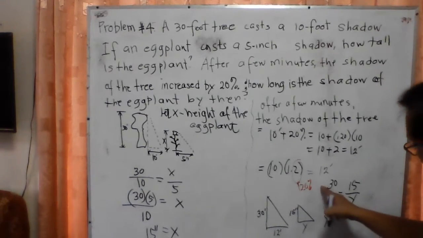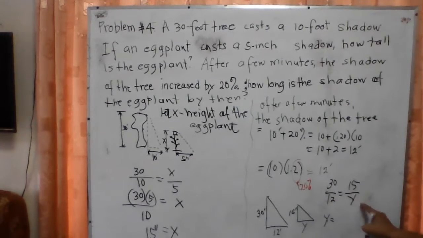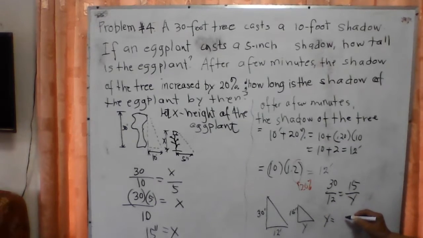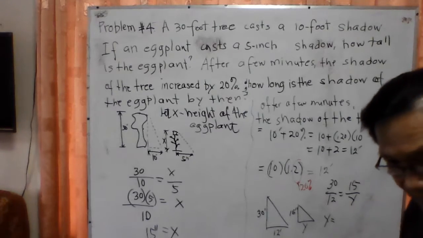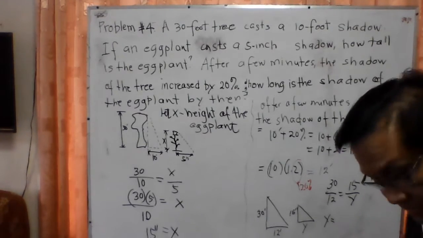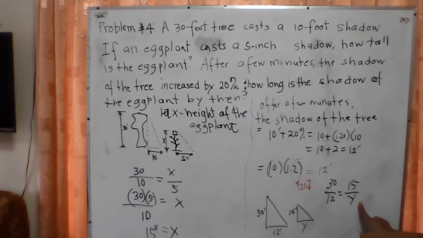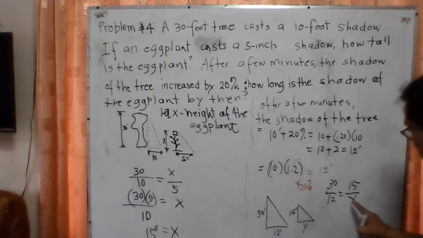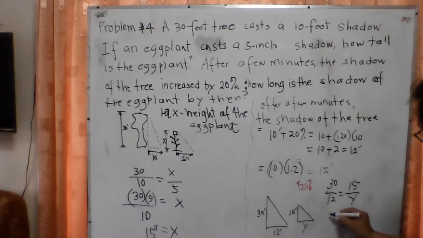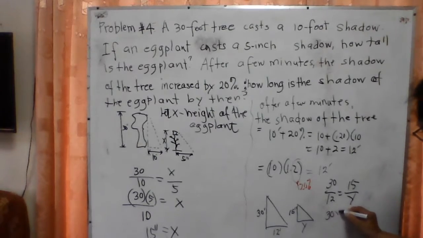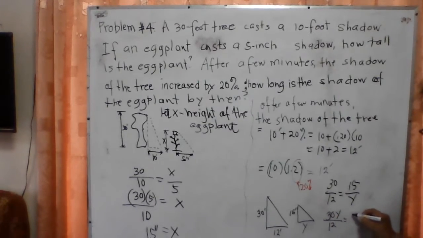Y now equals, move this y there, and then move it to the other side. Wait. Let me just make it clearer. If we want to solve for y, then you have to move it to the other side. Okay? 30 over 12 equals 15.